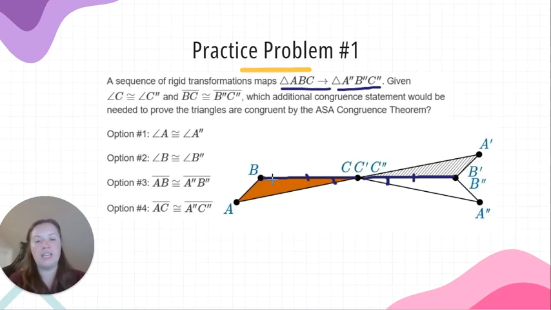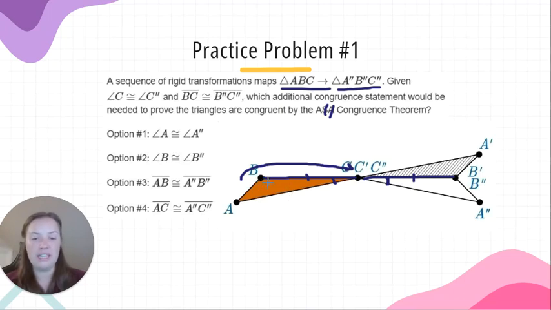So in this case, if I were to walk around the triangle, I have a side and then I have an angle. If I have a side and an angle, I'm missing an angle, right? If I were to go all the way across, my next angle would be angle A, and that's way too far away. We have a line segment that is going to be in the middle.